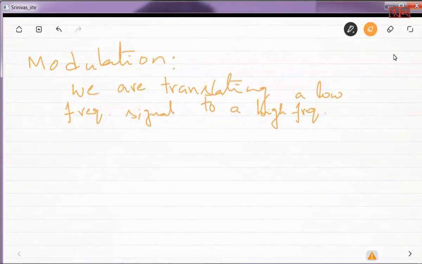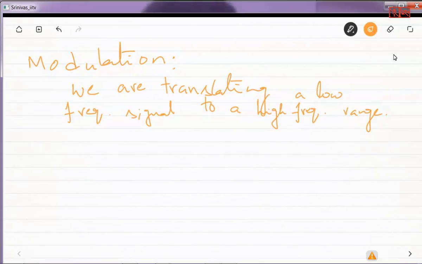I'll make it clear what I mean by this. So what is the need for it? The first need, as I was telling you, is to consider the antennas. Antenna size.